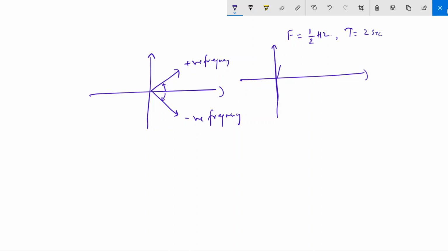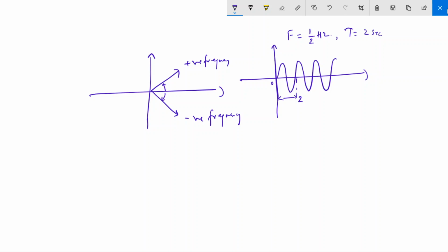So you get a signal like this. This is one time period, and this is 0. This time will be 2 seconds. This is a frequency of 1 by 2 hertz.